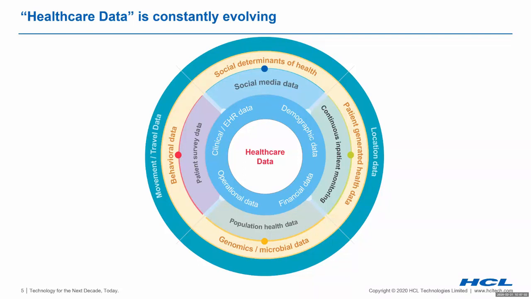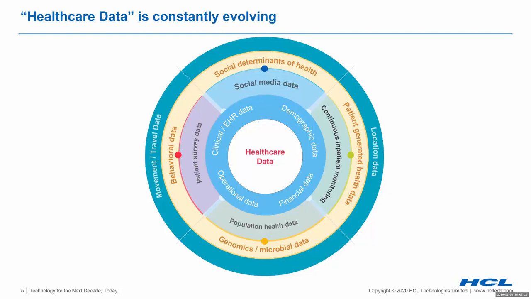And as you can see on the slide, if we start with the innermost circle, slightly more than a decade ago, healthcare data meant clinical or medical records data, demographic data, operational data, and financial data.